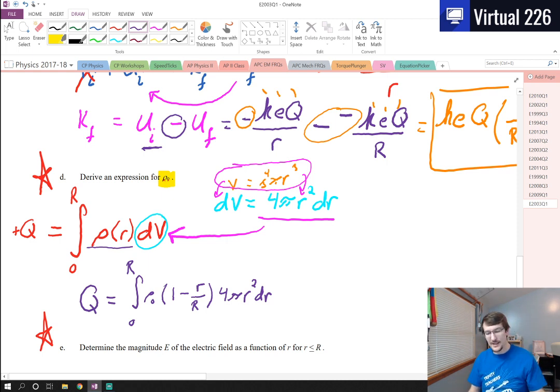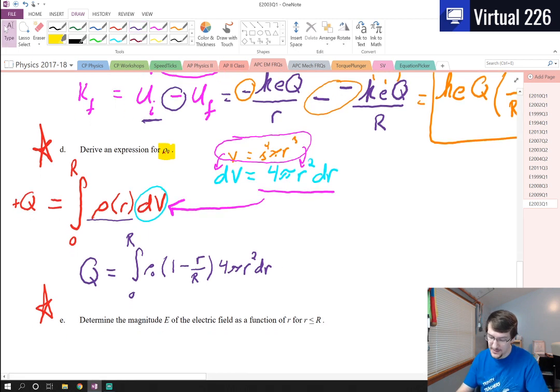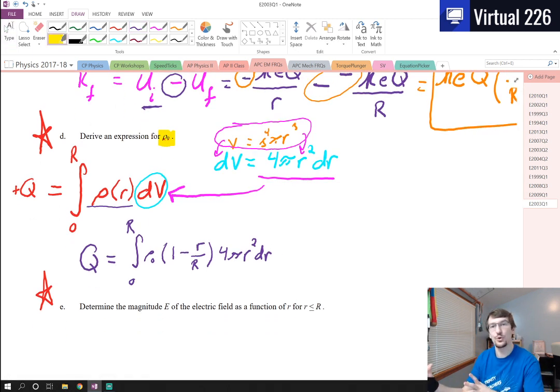Now it looks a little bit complicated, but there are actually a lot of things that we can pull outside of the integral because they're constants here. Things we can pull outside are the 4 and the pi and the rho naught. We can just get them all out.